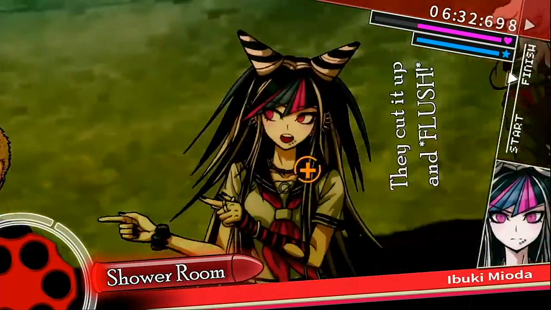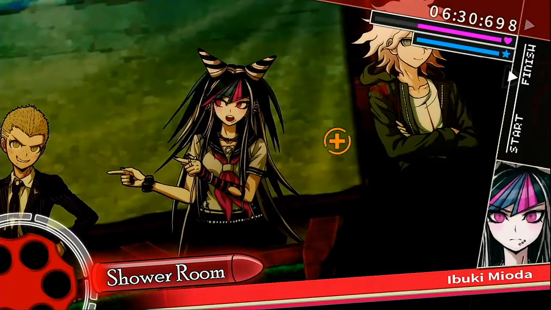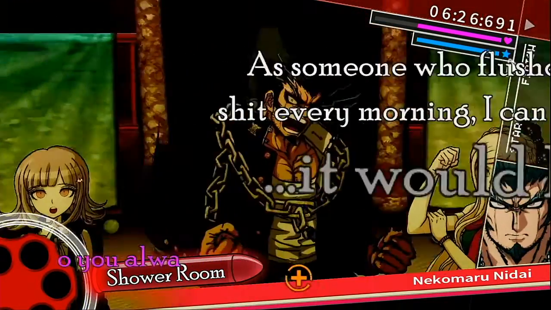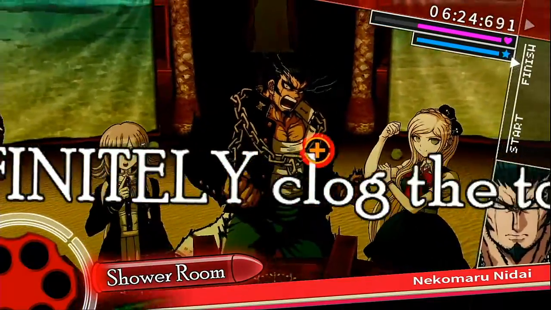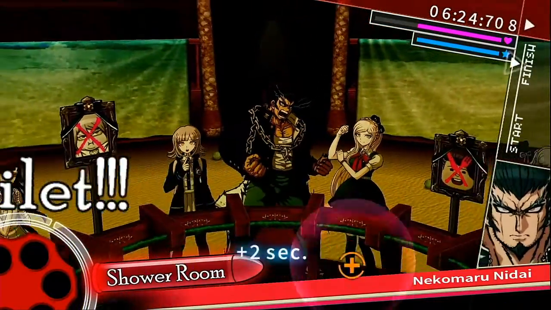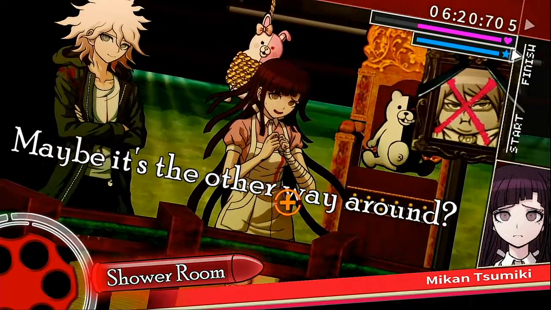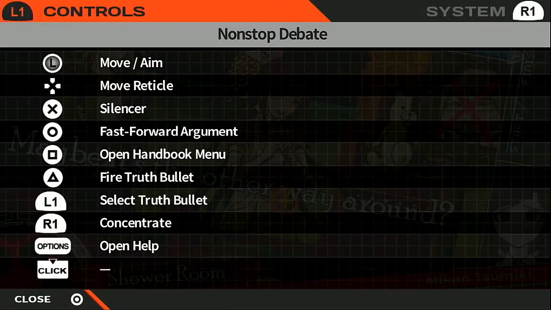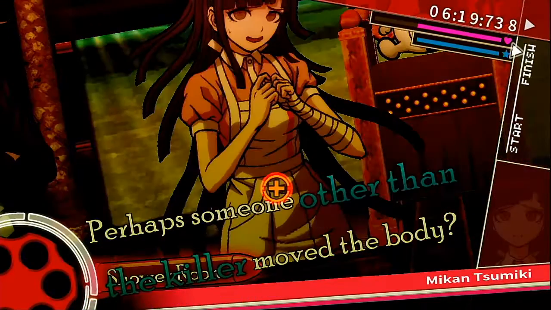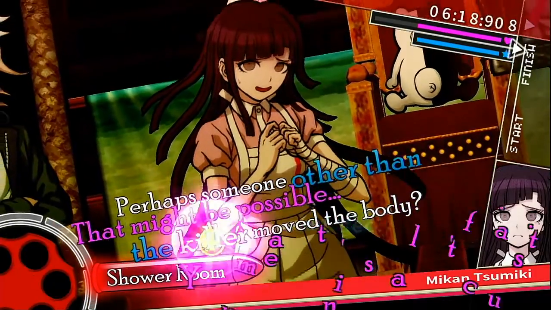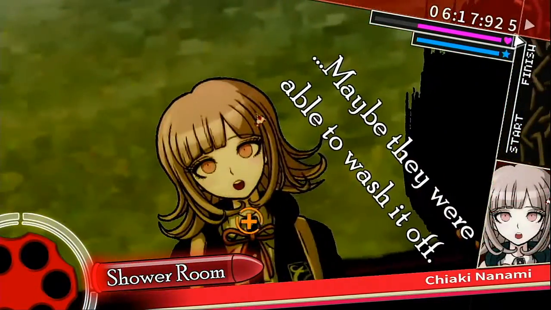They cut it up and whoosh. As someone who flushes their shit every morning, I can declare it would definitely clog the toilet. Maybe it's the other way around? Perhaps someone other than the killer moved the body? Maybe they were able to wash it off.